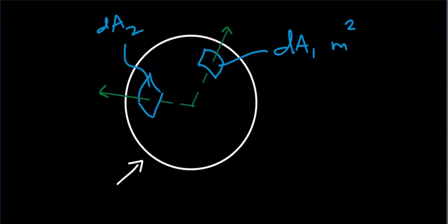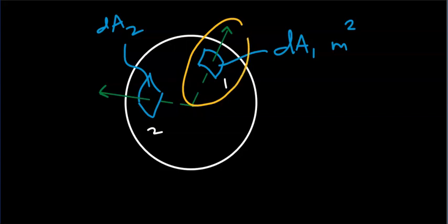Let's look at two areas, area 1 and area 2. So this surface right here has an area of dA1. Note that this green arrow represents the normal vector to this surface 1, and we shall denote that normal vector as r hat. Now why r hat? Because this normal vector is in a radial direction. So the normal vector to this surface 1 is a radial vector with magnitude 1.